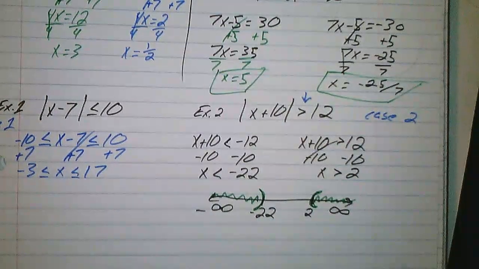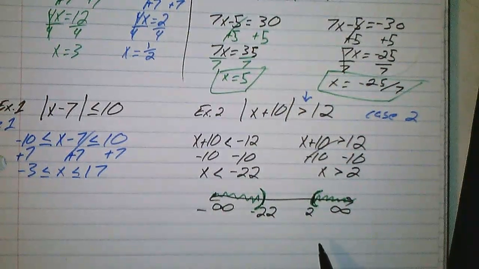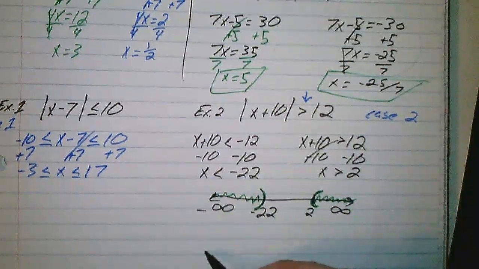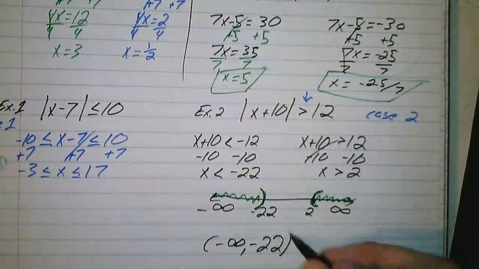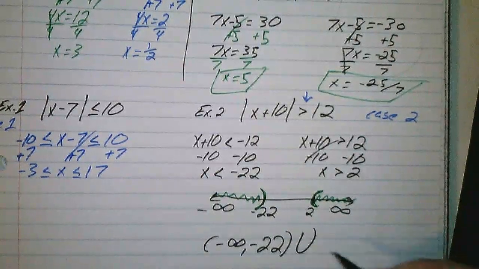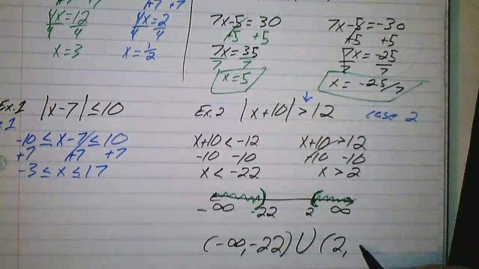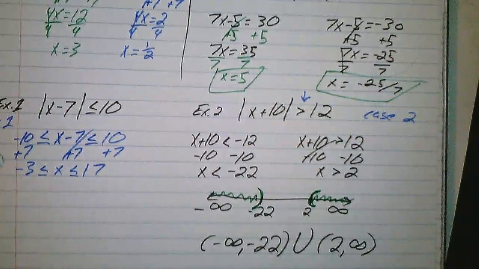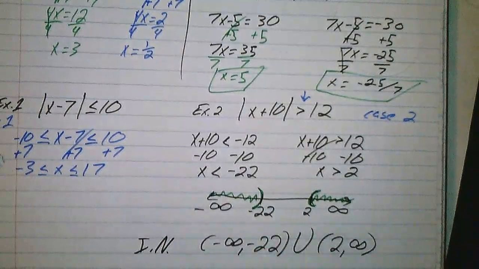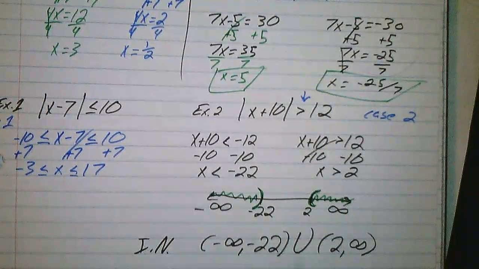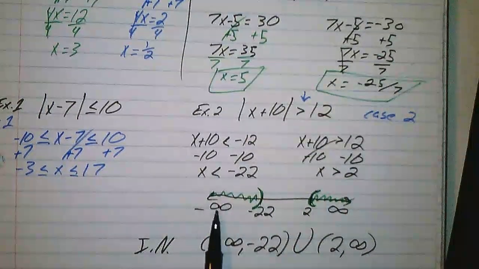So what does that look like put together for full credit? Negative infinity to negative 22, unioned with 2 to infinity. This is the interval notation. How far does it go from the left to the right?